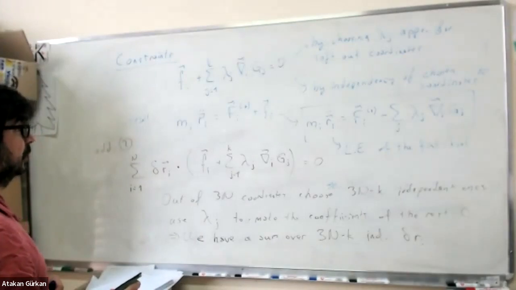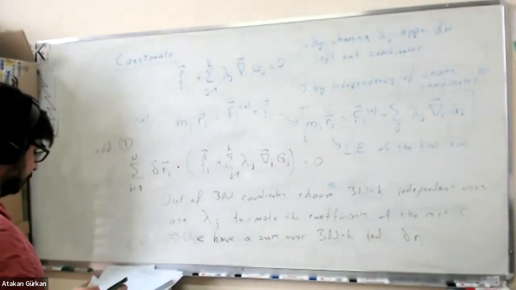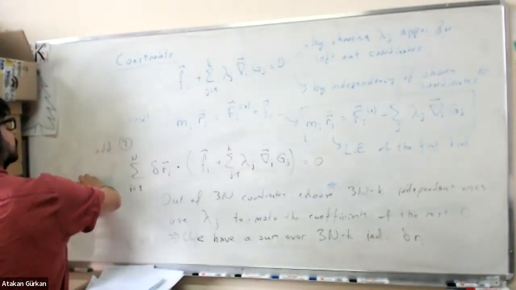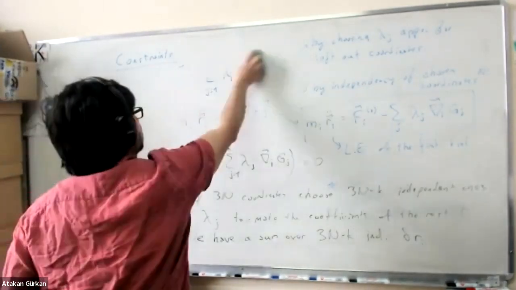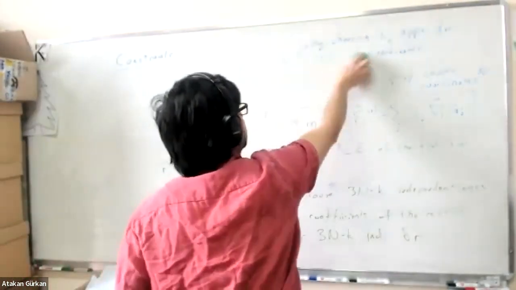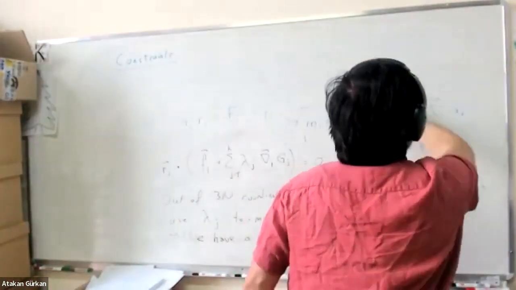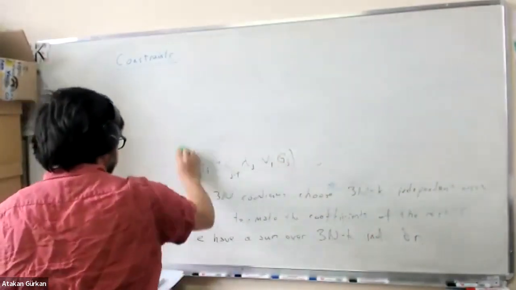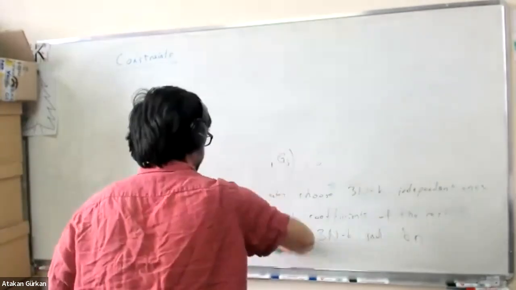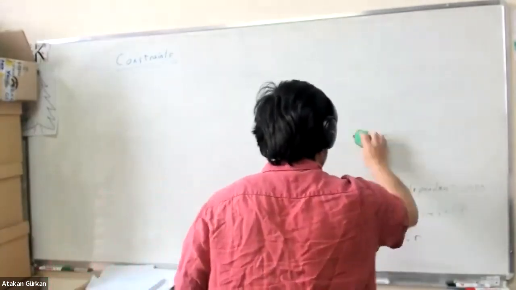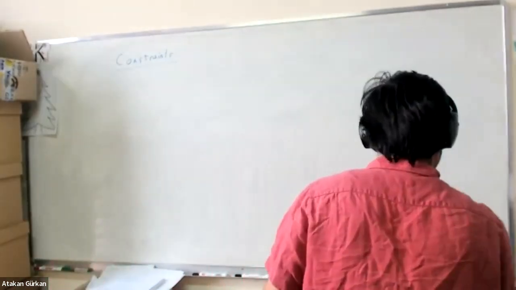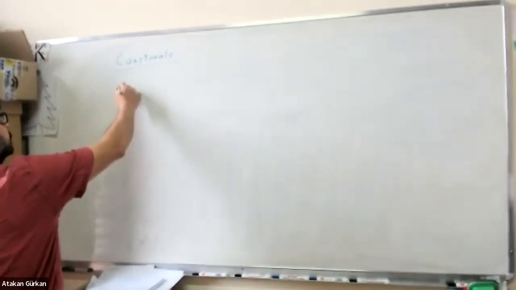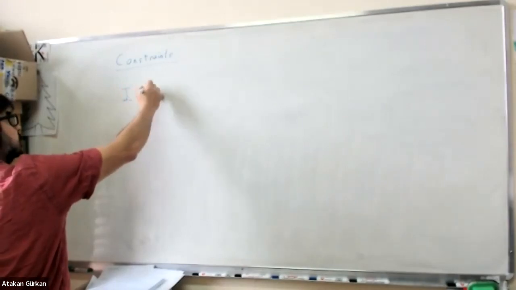It's possible. Now, what we want to do is to derive this from Hamilton's principle. So what we're going to do is rewrite Hamilton's principle with some lambdas, these Lagrange multipliers. So we had the action, right?